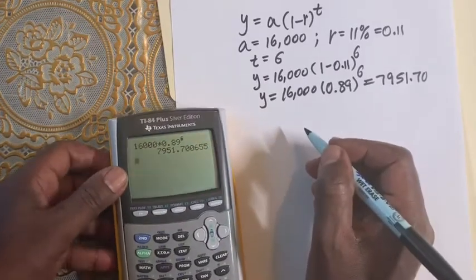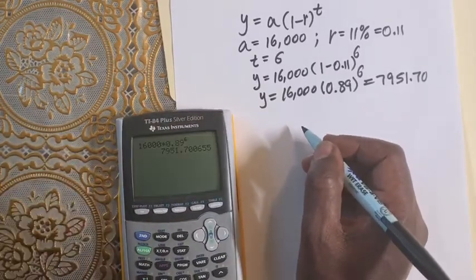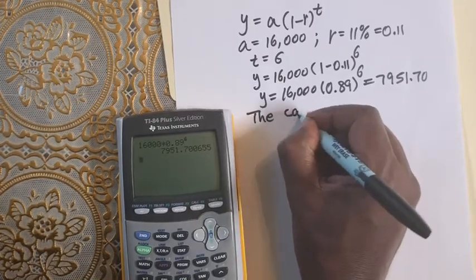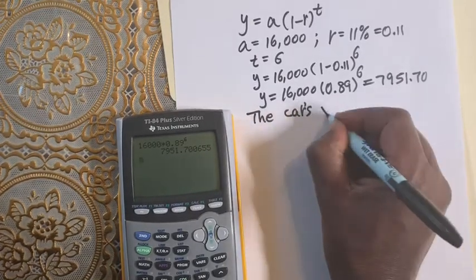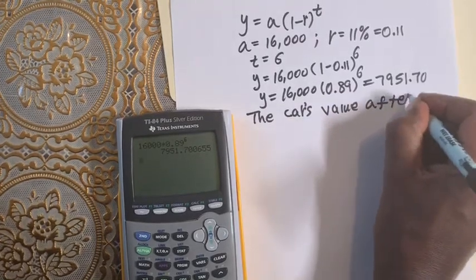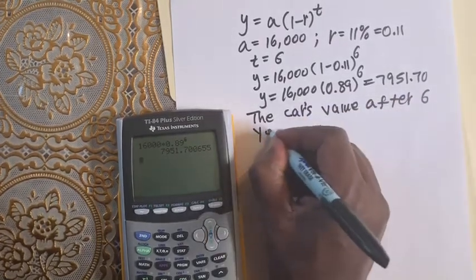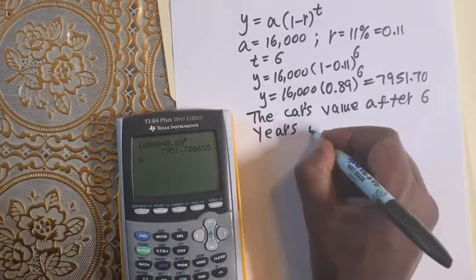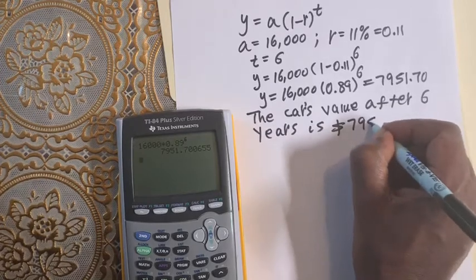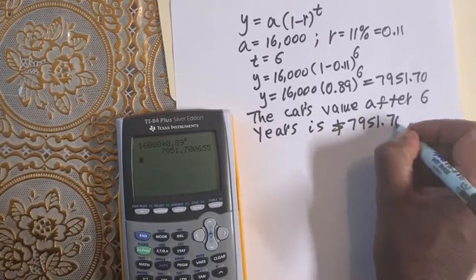So, find the car's value after 6 years. It said the car's value after 6 years is 7,951.70.